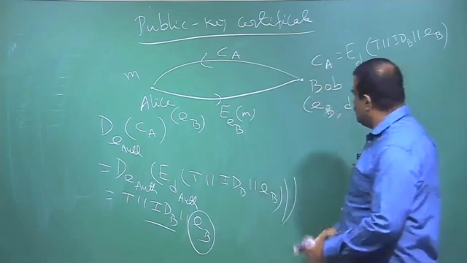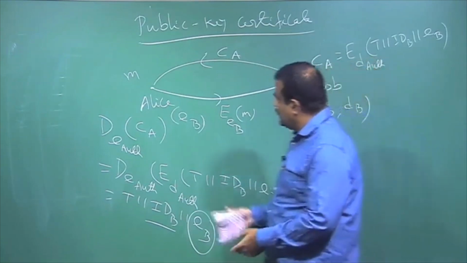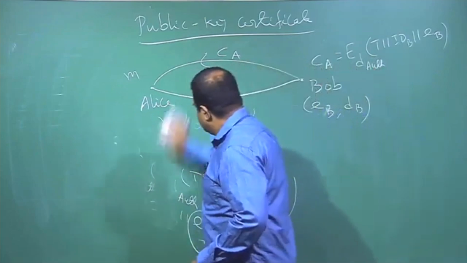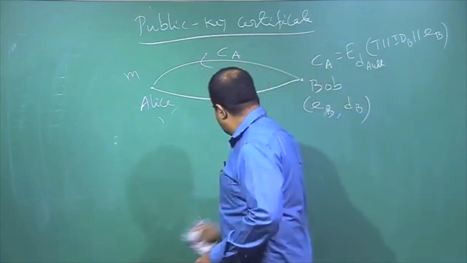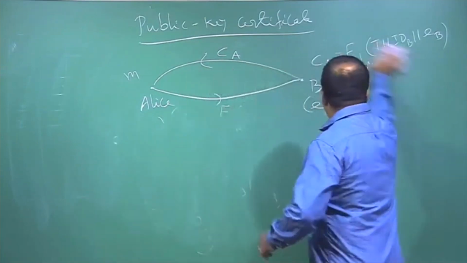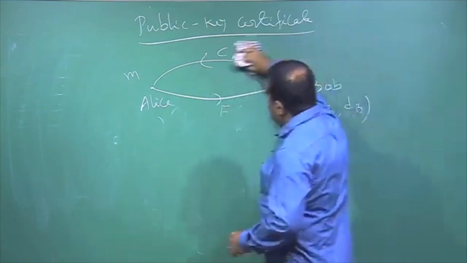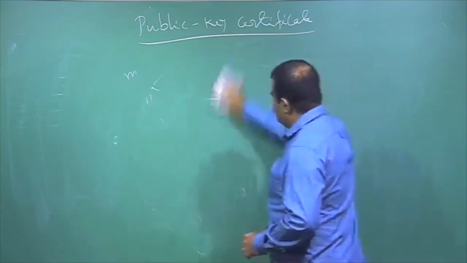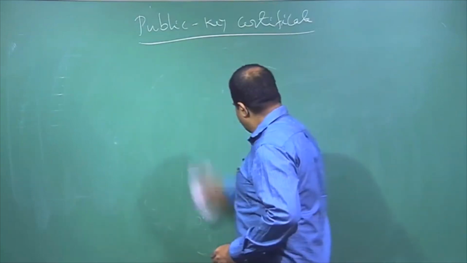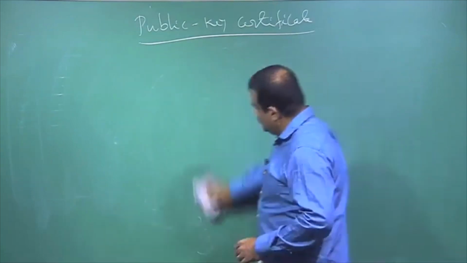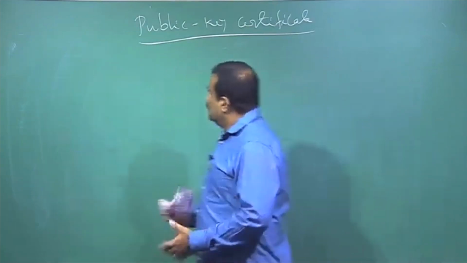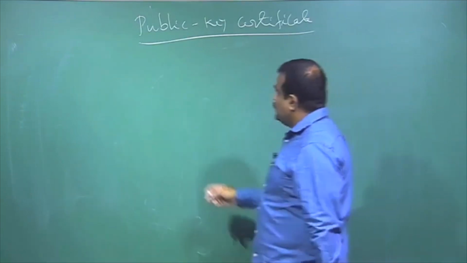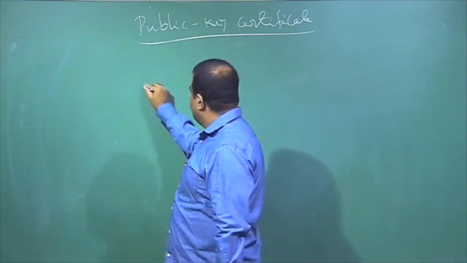So, similarly, if there are other parties, say Rob, everybody, every participant, is having their certificate, which is issued by the trusted party or the authority.